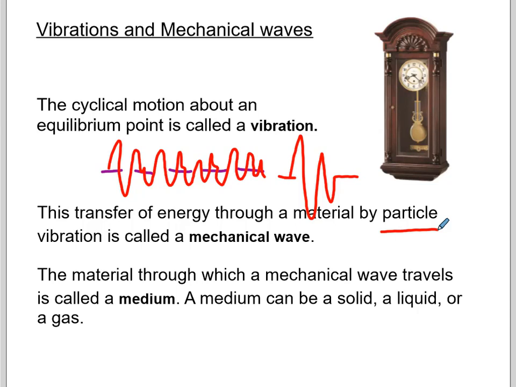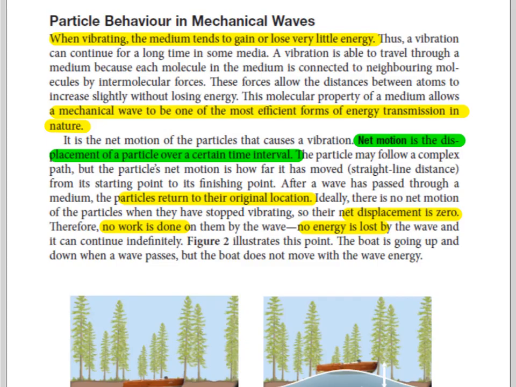So we're going to have a medium, which is a stuff or a substance that we can actually transfer our mechanical wave through. Okay, so you're going to hear the term wave. It's going to extend to other topics, but for what we're looking at right now, this will be a mechanical wave. It needs a medium, which means it needs stuff to travel through, and that stuff can be a solid, a liquid, or a gas.